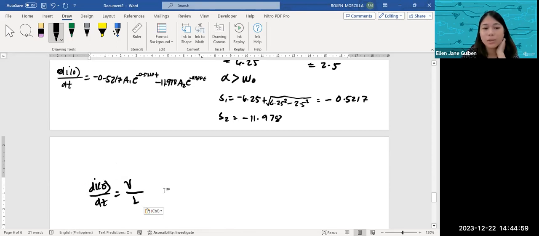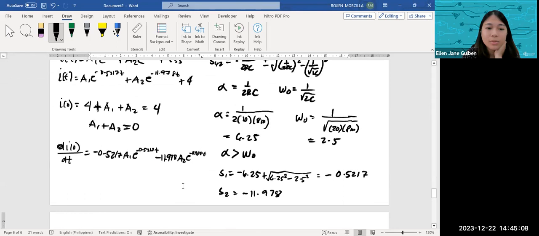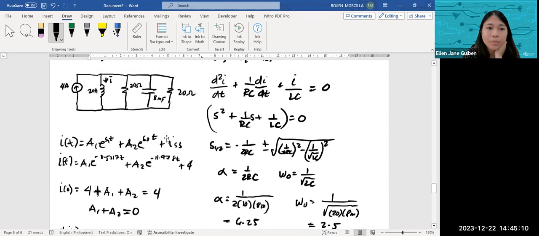Okay, so this one is your VL, right? Since at time 0 we have a parallel right here, and since the capacitor voltage stays the same, V at 0 minus is equal to V at 0 plus.